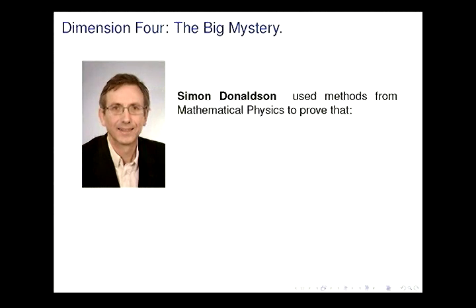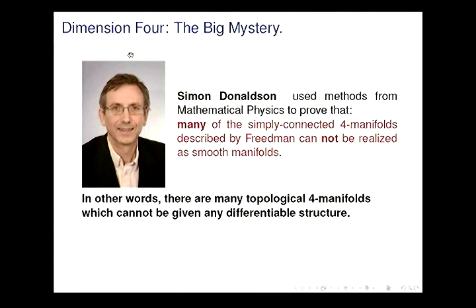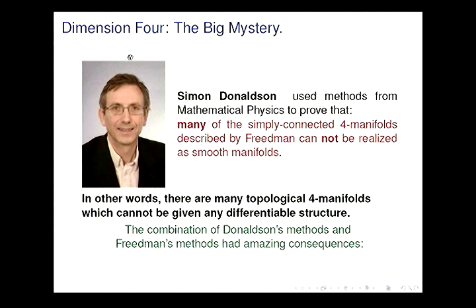Simon Donaldson first brought powerful tools of gauge theory to bear on this problem, and he showed that many of the simply connected manifolds that Freedman described couldn't be realized as smooth manifolds. And the combination of these two completely different methods, Donaldson's methods from gauge theory and Freedman's methods from complicated topological constructions, just led to amazing results when you put them together.